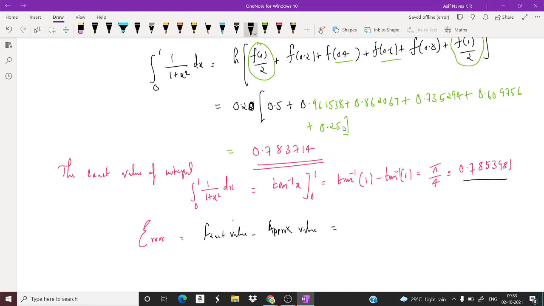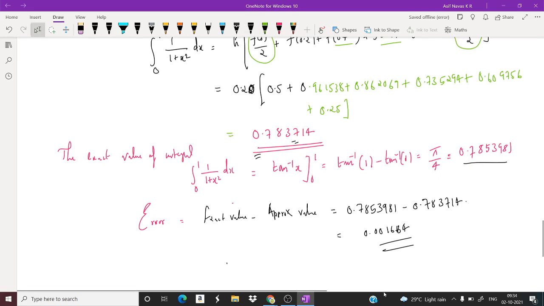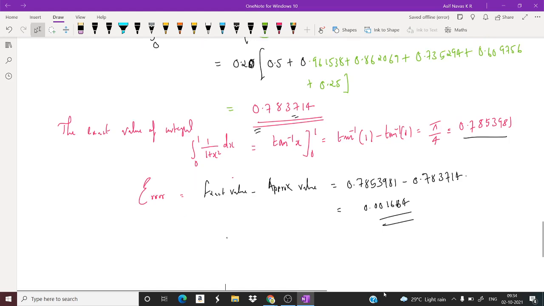So exact value is 0.785398 minus the approximated value. If you calculate this, you will get 0.001684. So this is the error. So this is how we can do the trapezoidal rule. Now you can do any problem by using the trapezoidal rule.